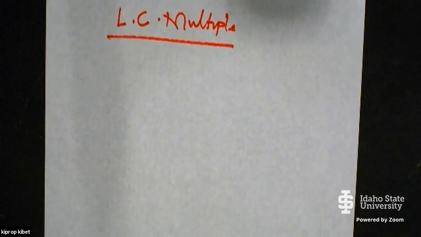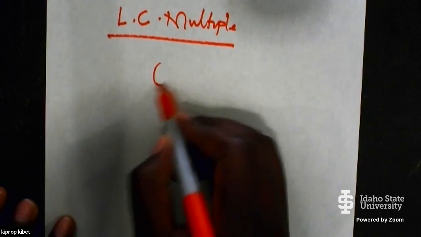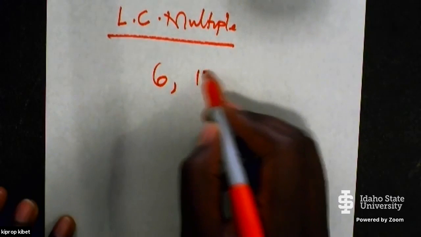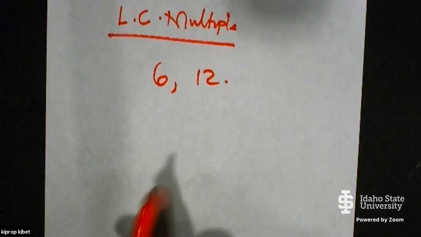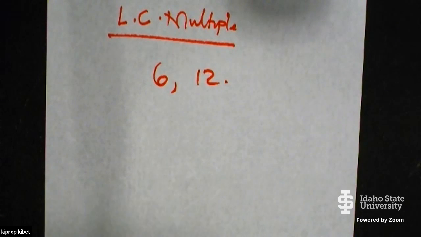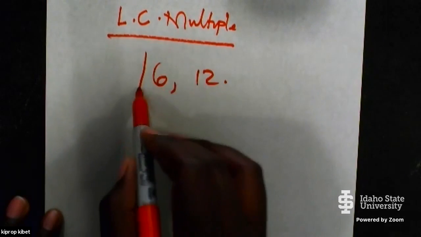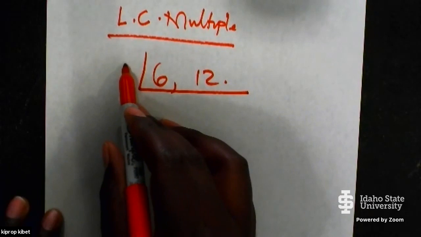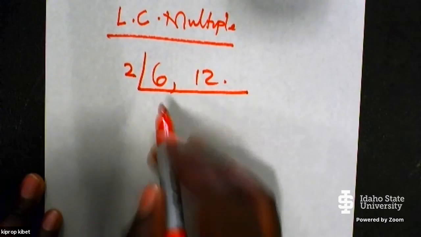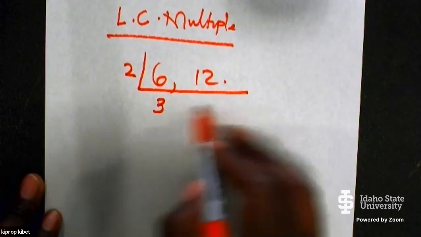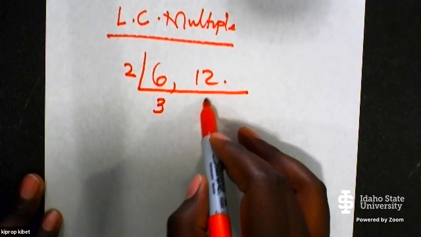So if we have 6 and 12, how should we look for the least common multiple? What we used to do is start by dividing by 2. So you get 3 and 6.